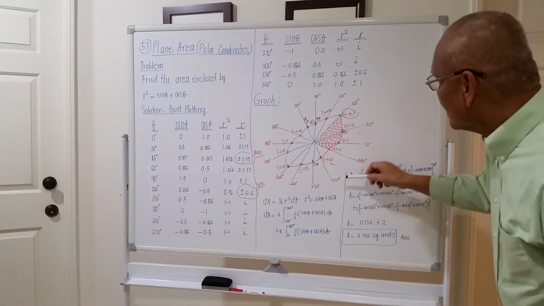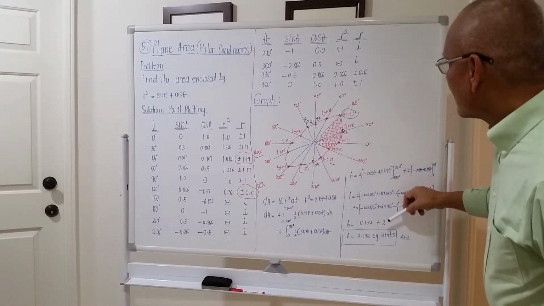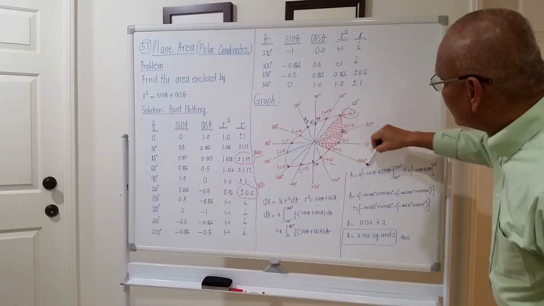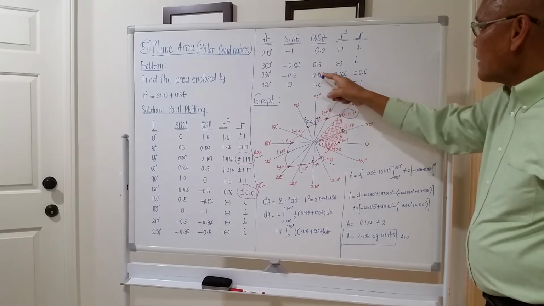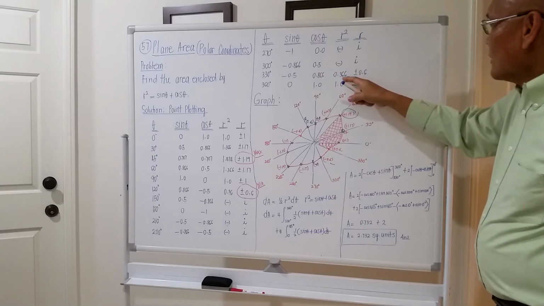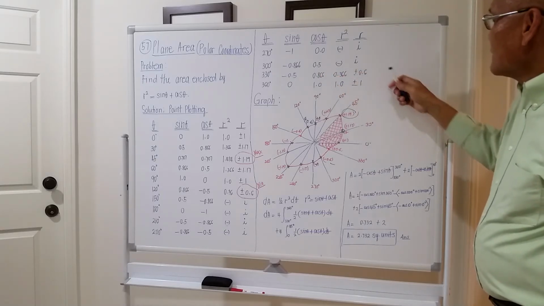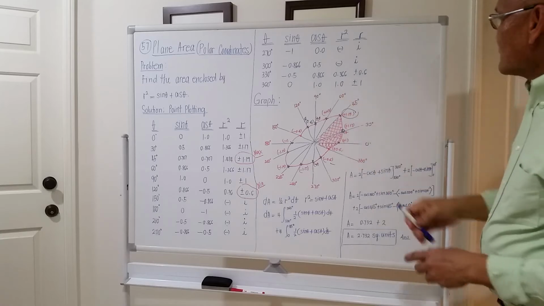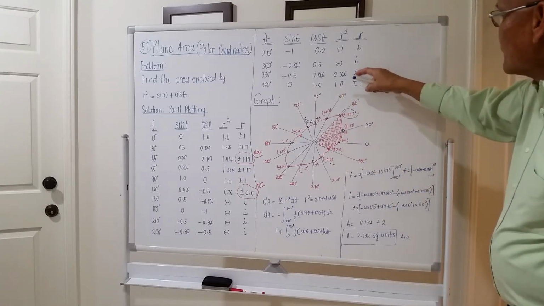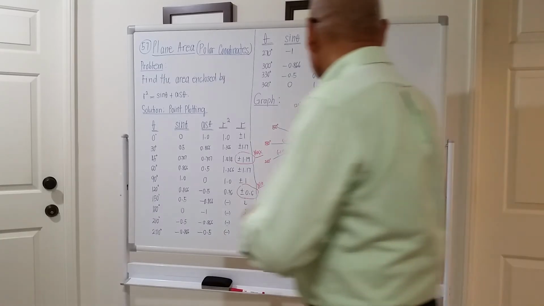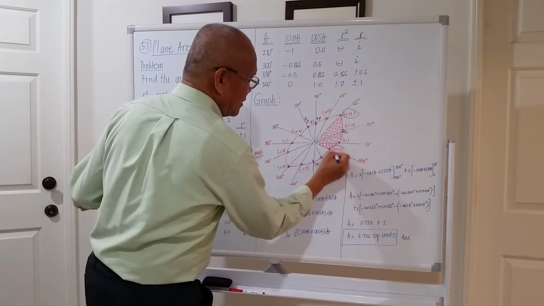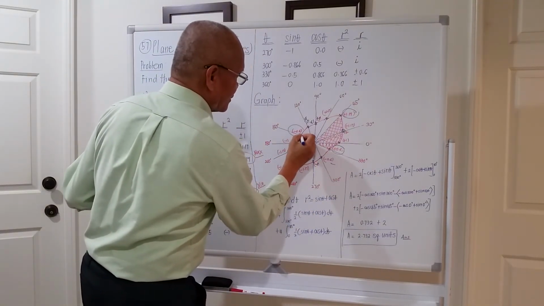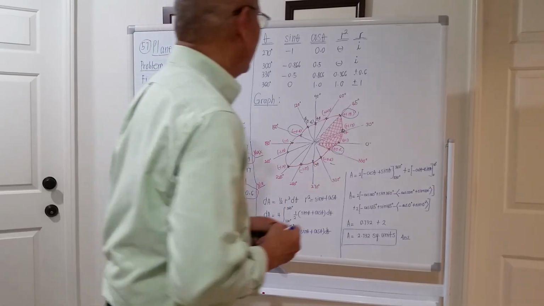Where is 330? It is this one. At 330, this is negative 0.5, this is positive 0.866. What comes out is 0.366. The radius at 330 is positive 0.6 and negative 0.6. This is positive 0.6 and this is negative 0.6, 330.